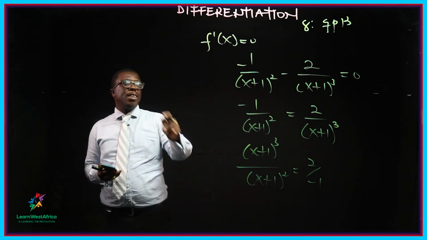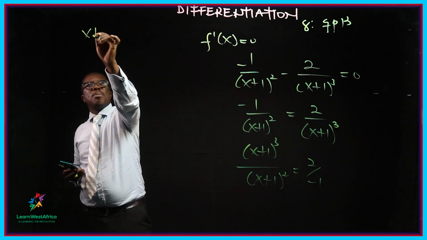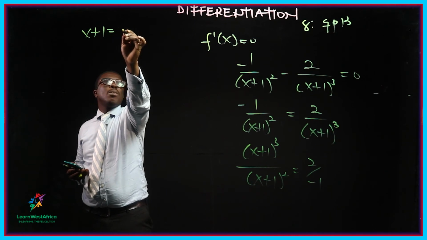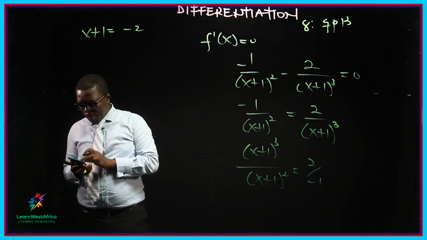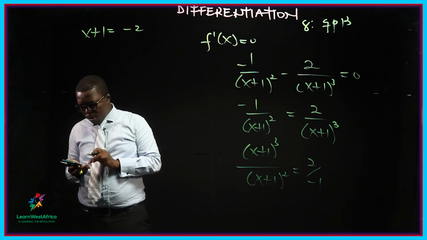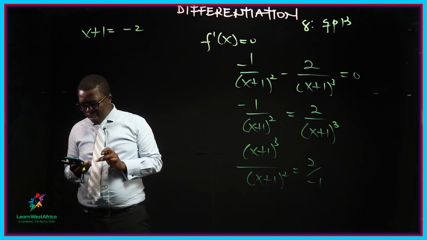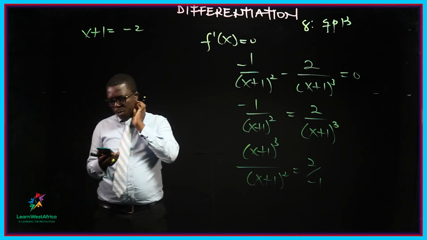All right, so what happens? You're going to have your x plus 1 is equal to minus 2. Okay, so our x plus 1 equals minus 2. What do we get for that?